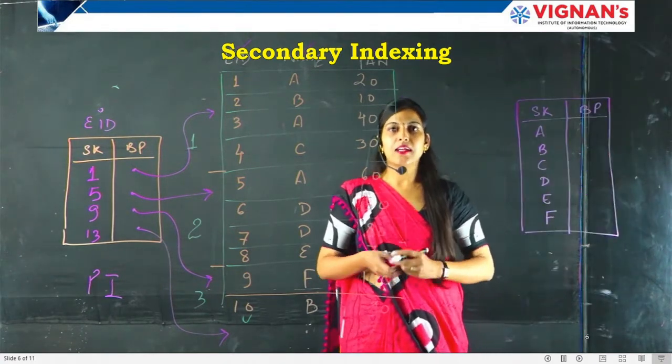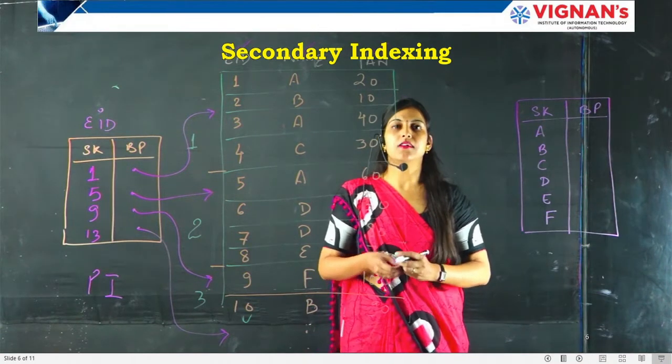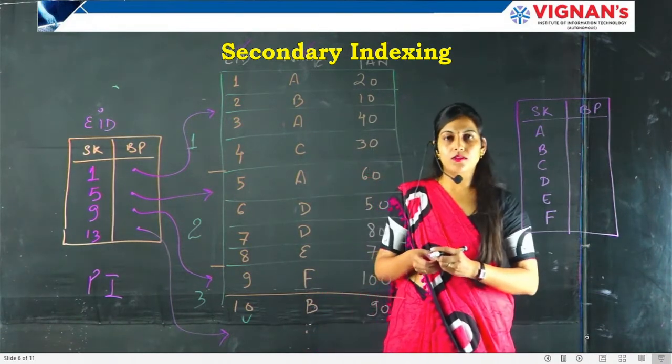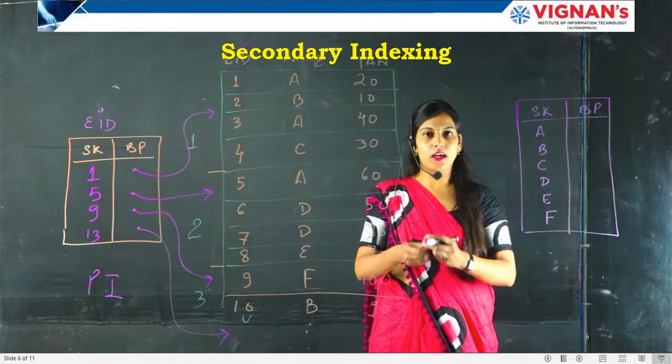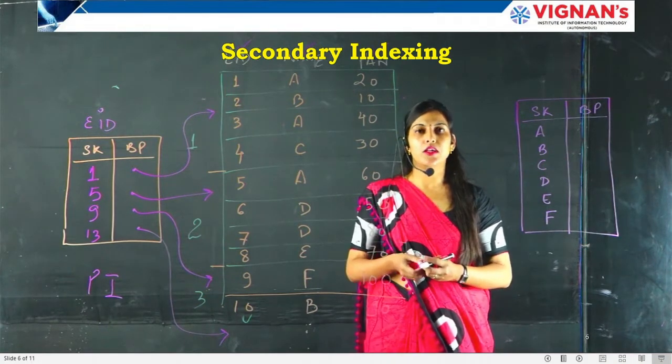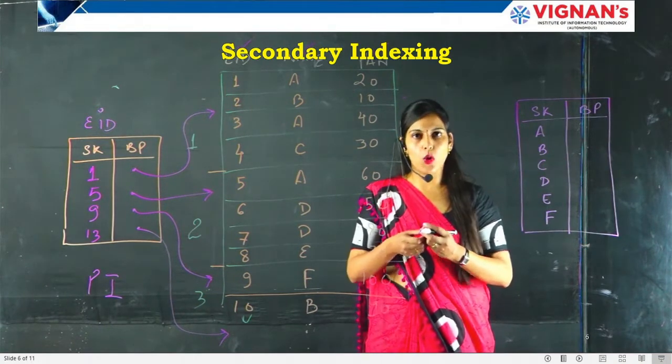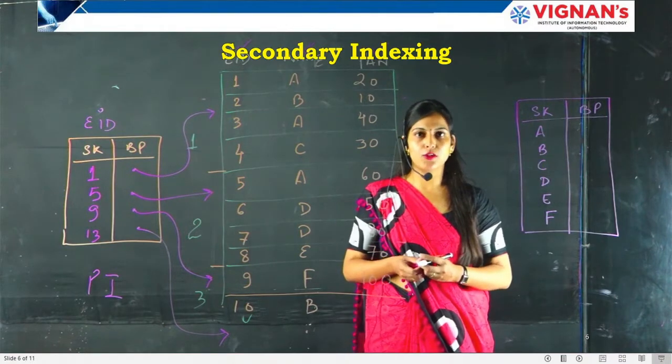Now we will understand the second case where secondary indexing is defined. The second case is when your data is unordered as well as having duplicate values, that means a non-key and unordered combination of data.